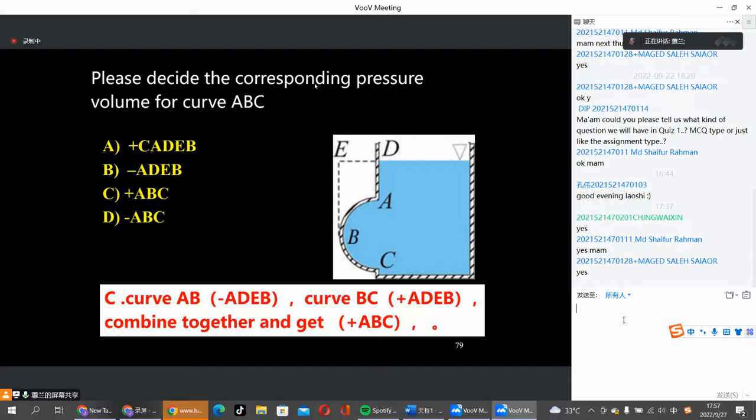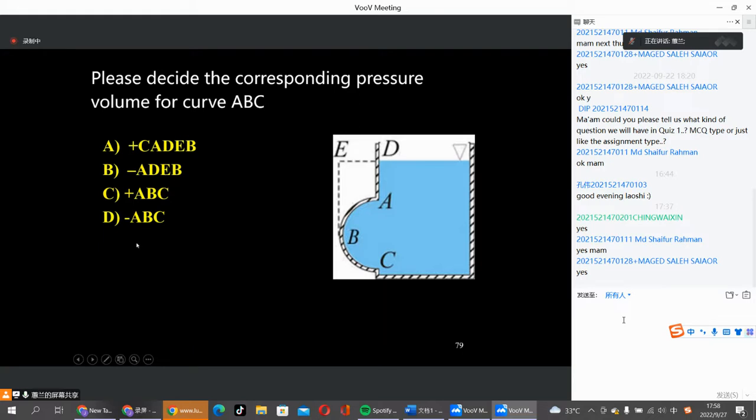Please decide the corresponding pressure volume for curve ABC. For curve ABC, we need to split into two halves, AB and BC.